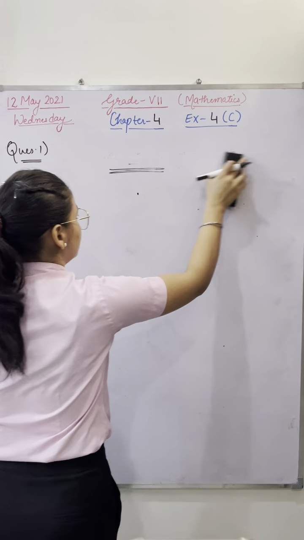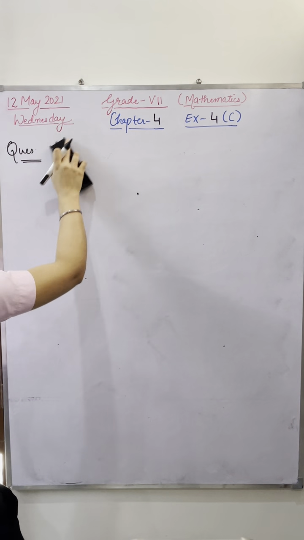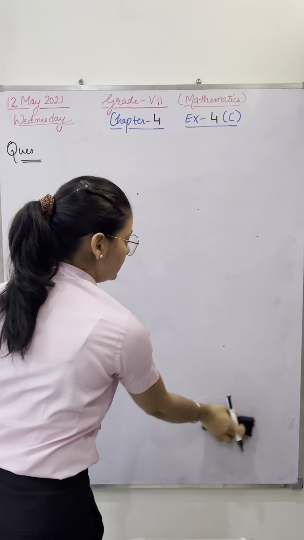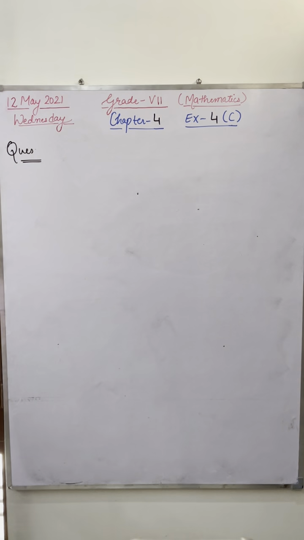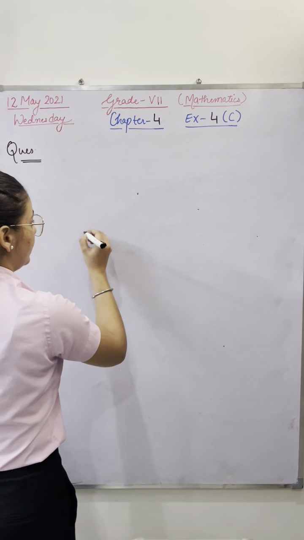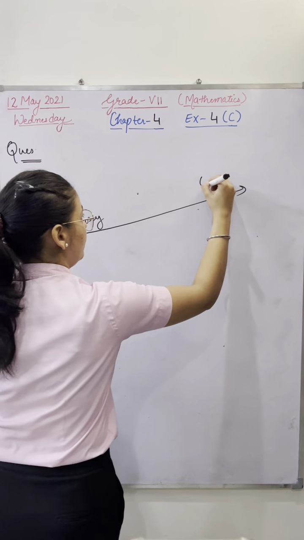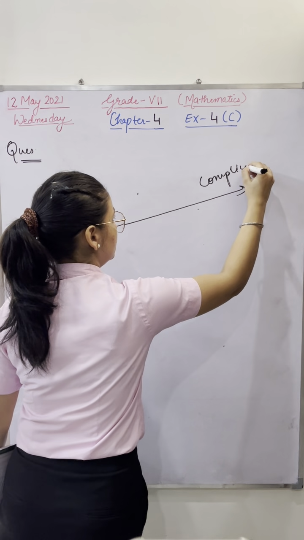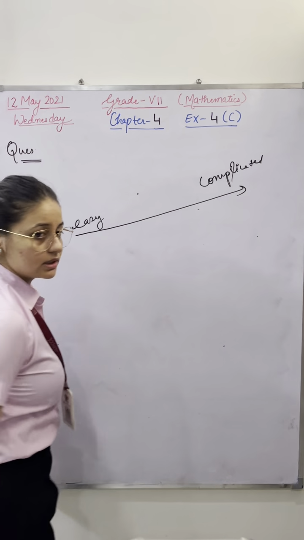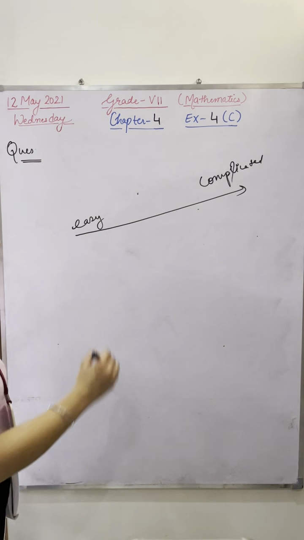Okay, now let's start with question third. From question third to question 20, the questions are in this way, easy to complicated. Right? From question third to question 20.